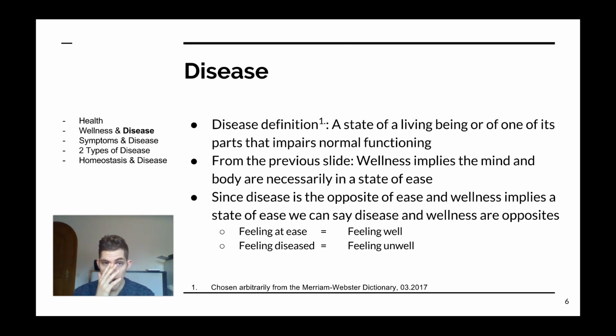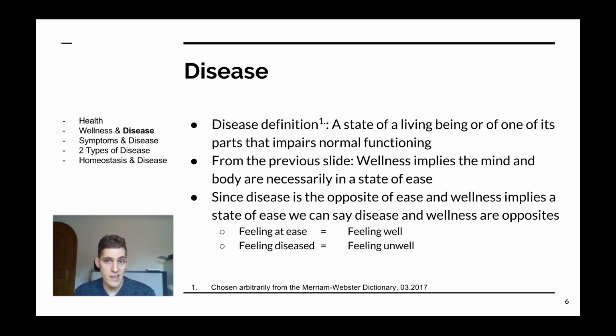Now, disease, on the other hand, is per definition a condition, a state of a living being, or one of its parts that impairs normal function. So it's a state that doesn't allow you to function normally. Now here we simply deduce that disease is the opposite of wellness, because wellness implies a state of ease, as we saw.